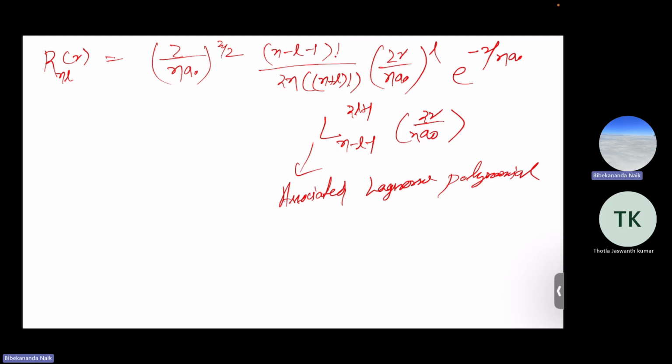Now if we talk about the radial function R10, then n equals 1, l equals 0. If you put the values, then here 2l plus 1 will be 1, and n minus l minus 1 will be 0. So L 1 0 is 1 only.